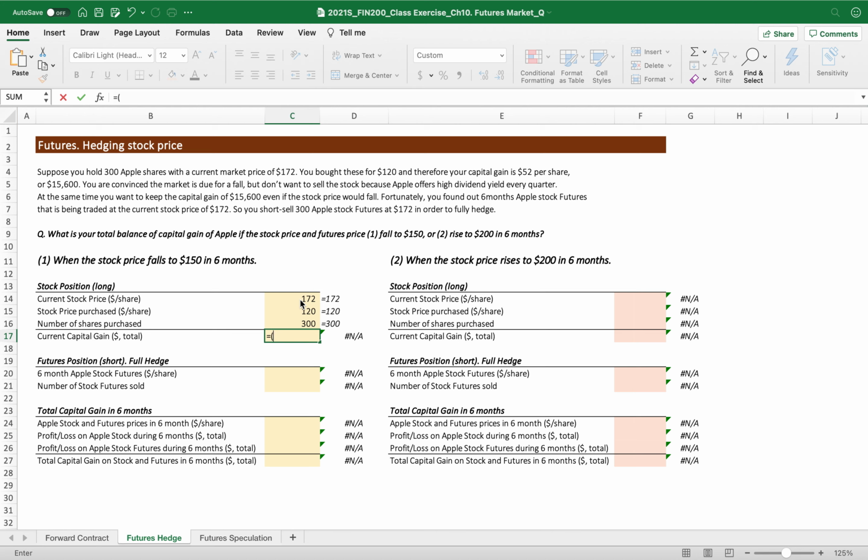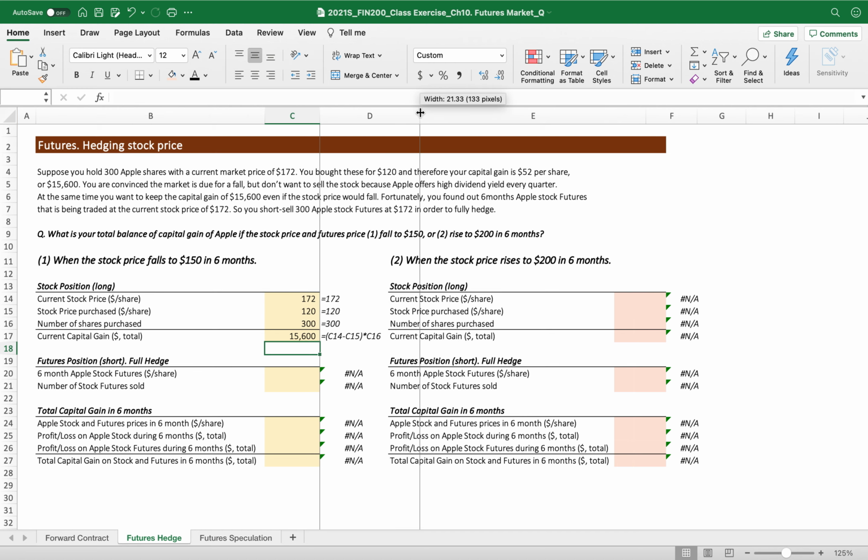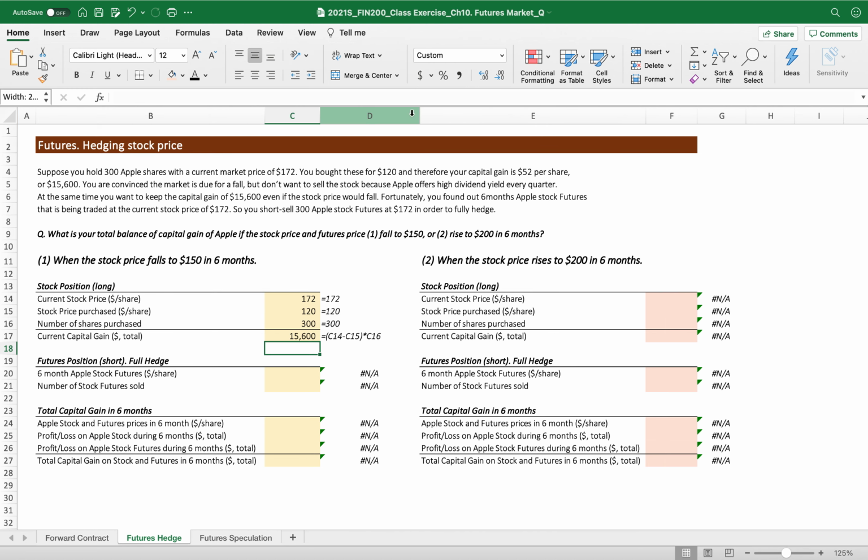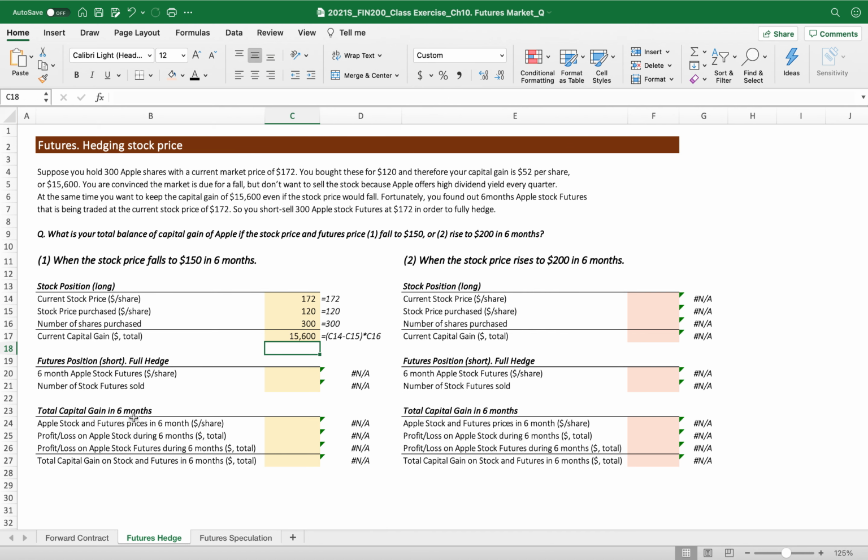Then the current capital gain, the investment gain, is the difference between the purchase price and the current price times 300. So 15,600, as indicated in the question. Now let's hedge it with the futures short selling.